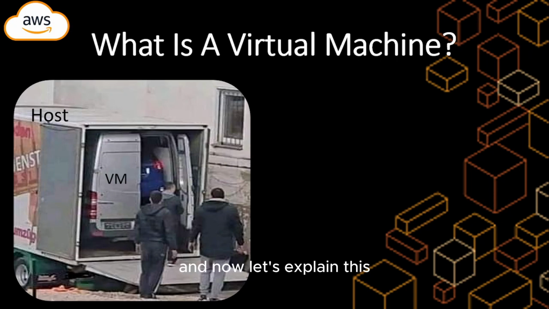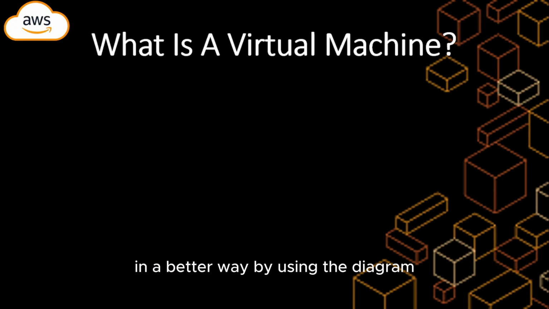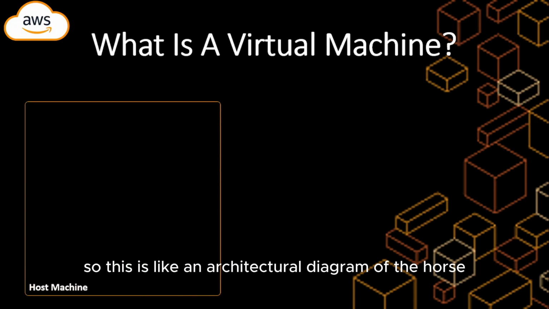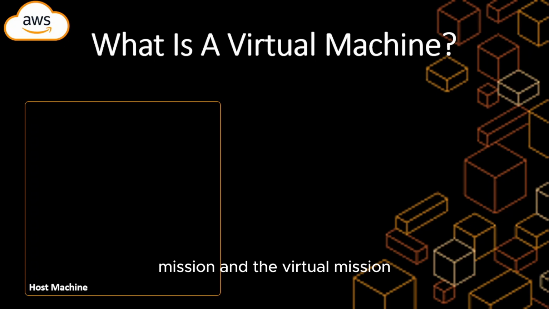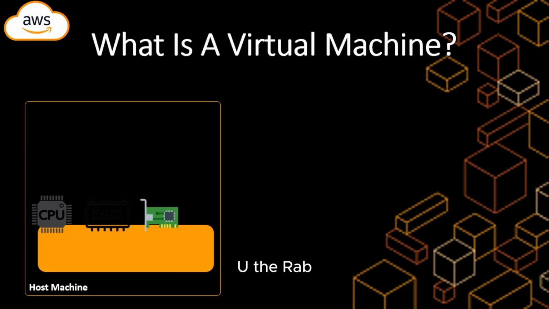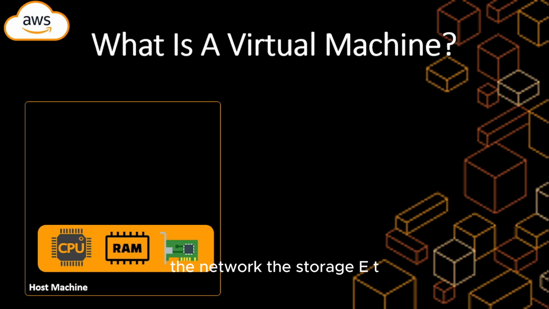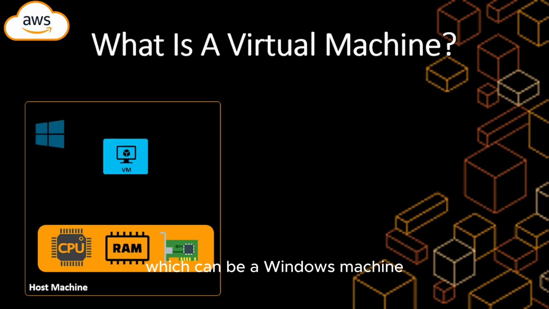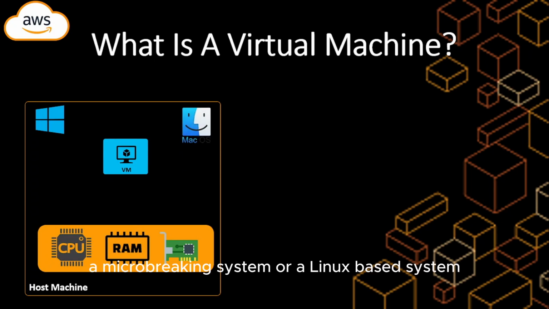Now let's explain this in a better way by using a diagram. This is an architectural diagram of the host machine and the virtual machine. We already know that our host machine has resources like the CPU, the RAM, the network, the storage, etc. And here's our virtual machine, which can be a Windows machine, a Mac operating system, or a Linux based system.